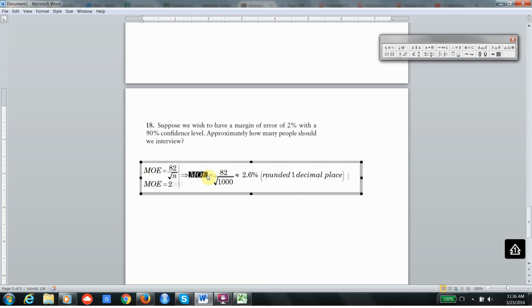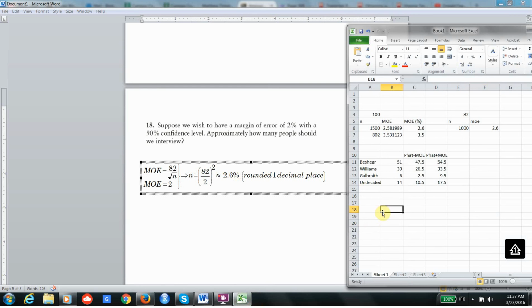So n is going to be equal to 180 divided by 2, and I'm going to square this whole thing. Sometimes we have to round off. When we round off, we always round up. That's just going to be 41 squared. Not hard to do, but we'll just do it right here. 1681.